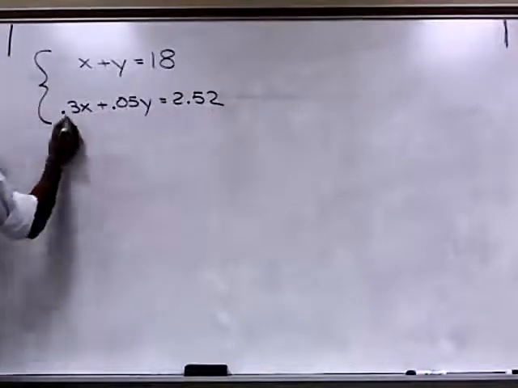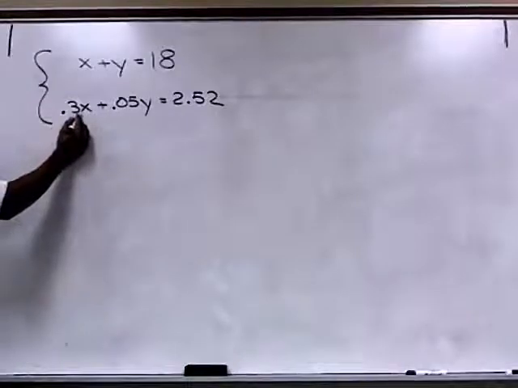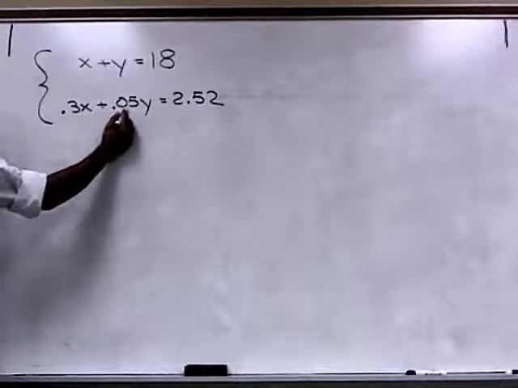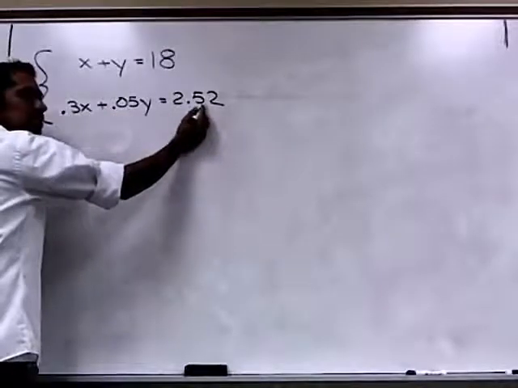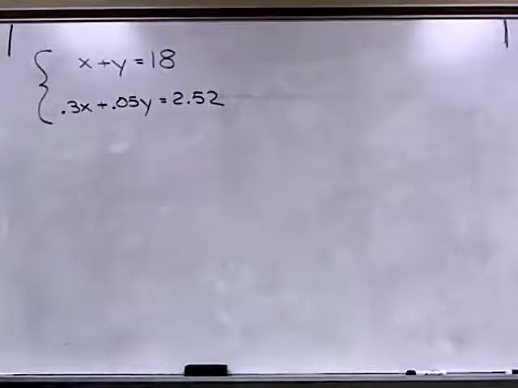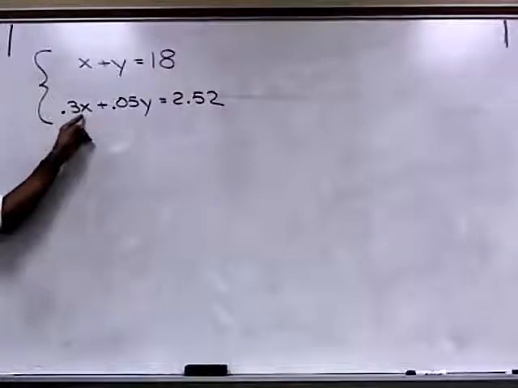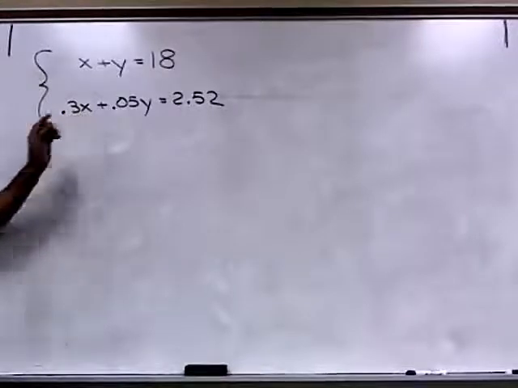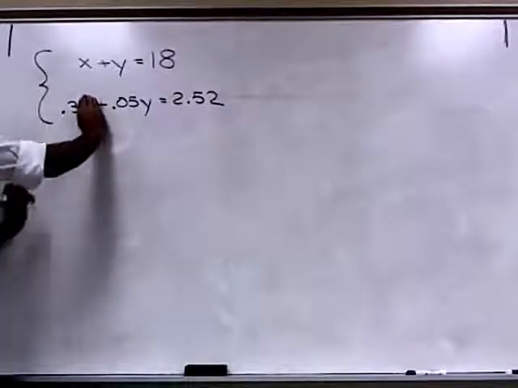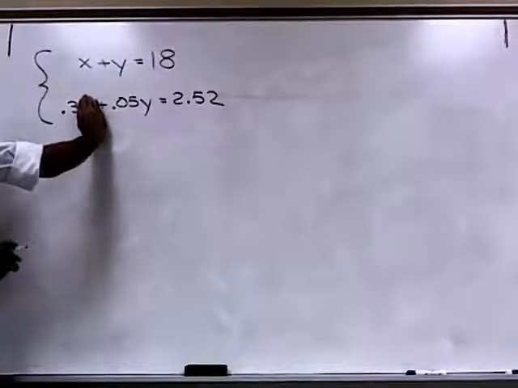All right? So if I move this 0.3 over one spot, it'll become a 3x, right? Move this one over one spot, it'll become a what? 0.5y, and move one spot here, we got 25.2. So you still have decimals, don't you? So instead of going one spot, why don't we go two? If I move this over two spots, that 0.3 becomes a what? 30.